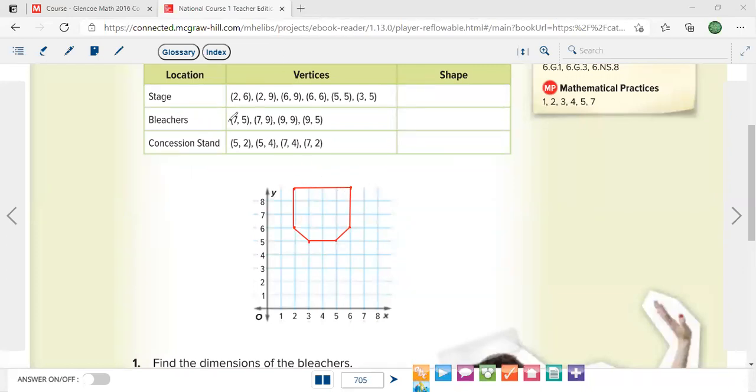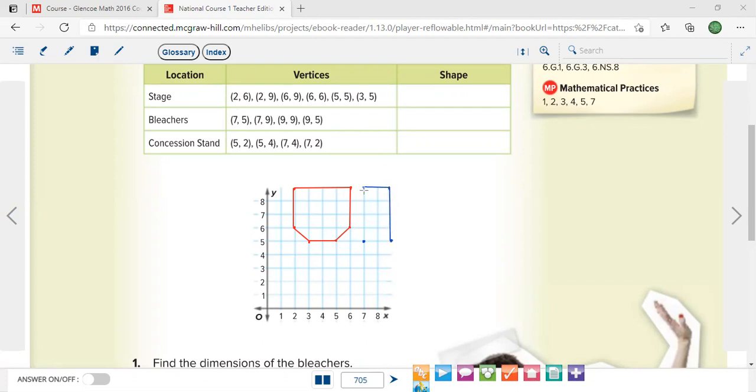So for the bleachers, 7 and 5, 7 up to 5 is here. 7 up to 9, 9 and 9, 9 on the x and 9 on the y, 9 and 5, and we will join.